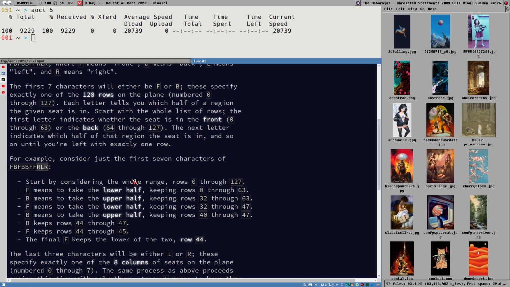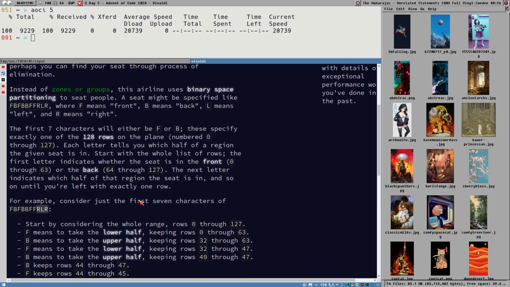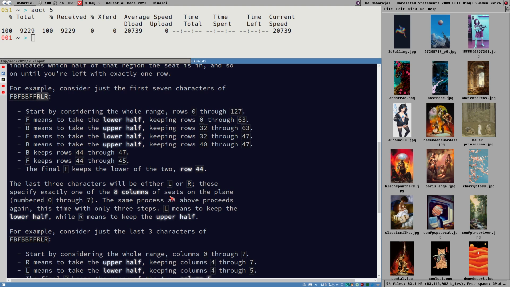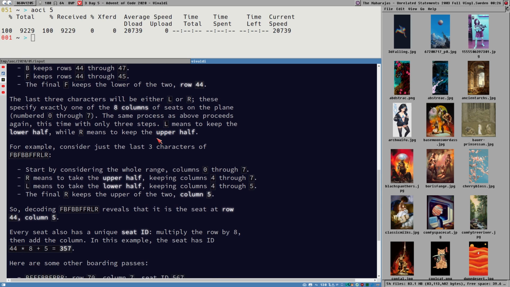Or the last 3, I guess. So we have 8 columns and 128 rows. Yeah, this shouldn't be that difficult. You know, people have already solved this because this is very common computer science stuff, this binary space partitioning stuff. On the plane numbered 0 to 7, the same process as above.